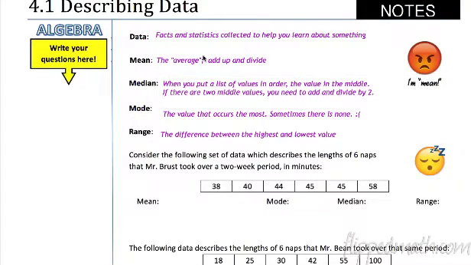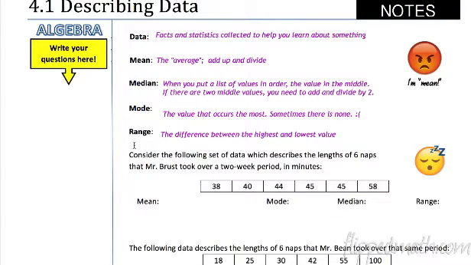Okay, and sometimes there's no mode, and that's okay. If there are two modes, we say it's bimodal, but we're not going to really talk too much about that in this unit. But that's what it's called if you have two modes. Sometimes when you graph it, there'll be two spots where a lot of values occur. We say that's bimodal. And then the last one is called the range. And sometimes students confuse this with domain and range, but this is a different type of range.